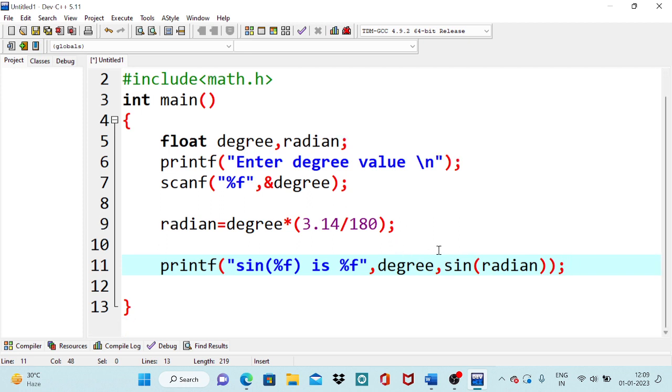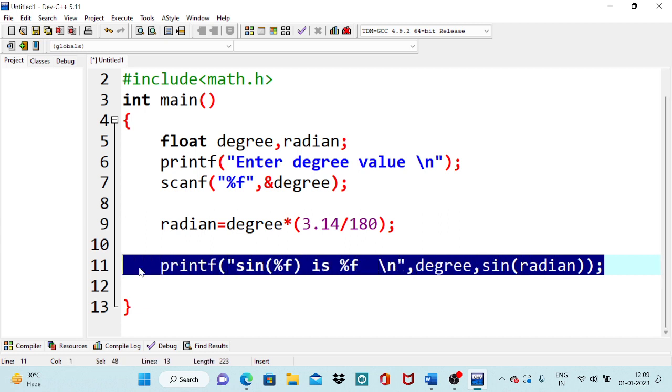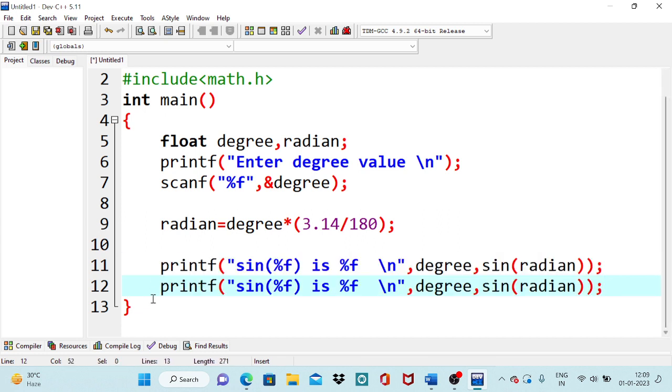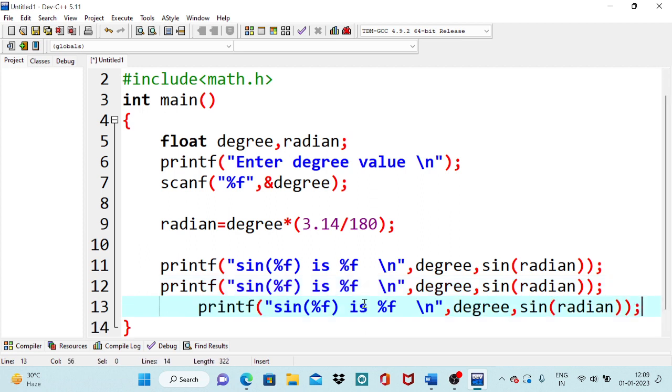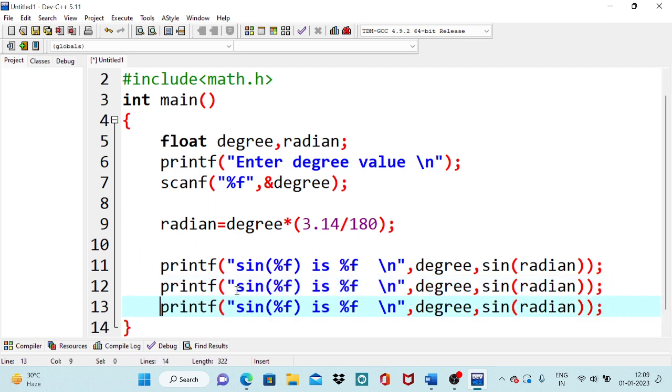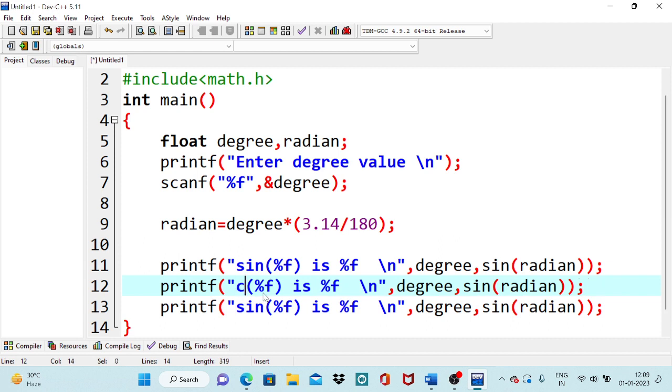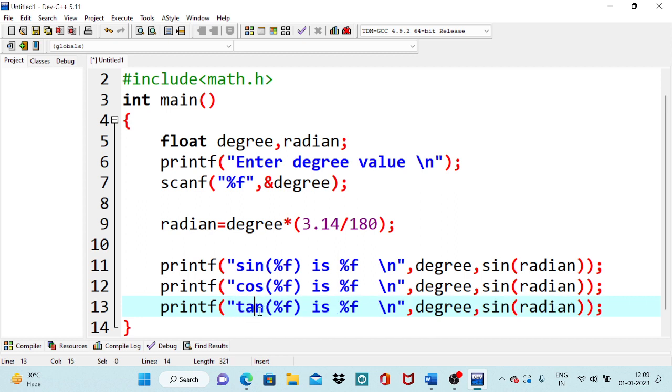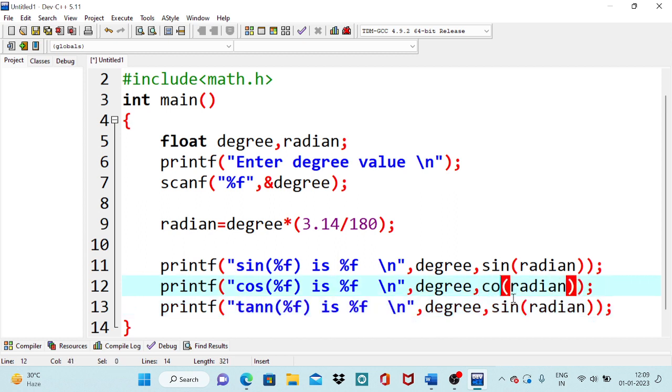Like this I want to find out cosine and tangent. So instead of typing this, I am copying it two more times. This one, I just change to cosine, and the third one is the tan function. This is the cos function, and here it is the tan function.